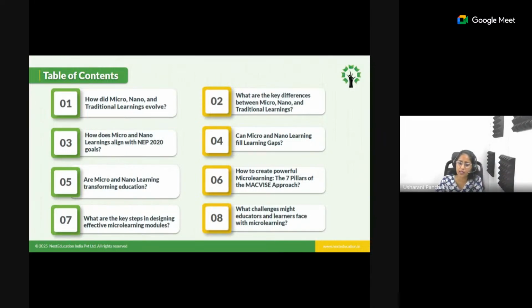Are micro and nano learning transforming education? How to create a powerful micro learning tool or activity? Then what are the key steps in designing effective micro learning modules, and what challenges do we face as educators when we are designing this micro curriculum or micro learning tools?